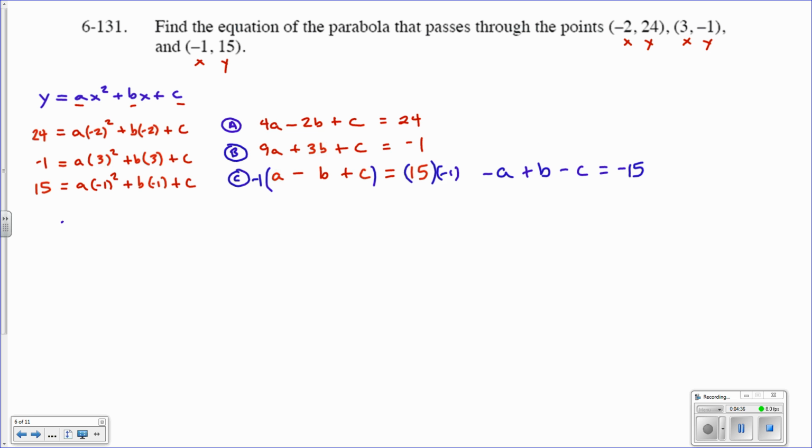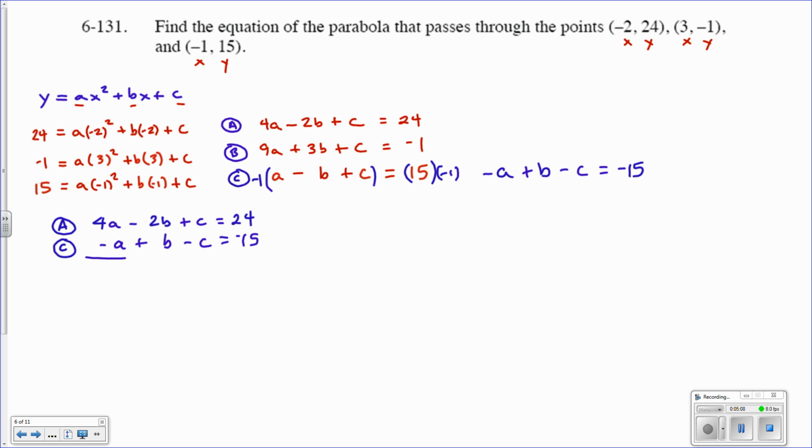I'm just marking down which ones I'm using because it's going to help me keep track of my work, especially if I make a mistake. So 4a minus 2b plus c equals 24, and my C is -a plus b minus c equals -15.